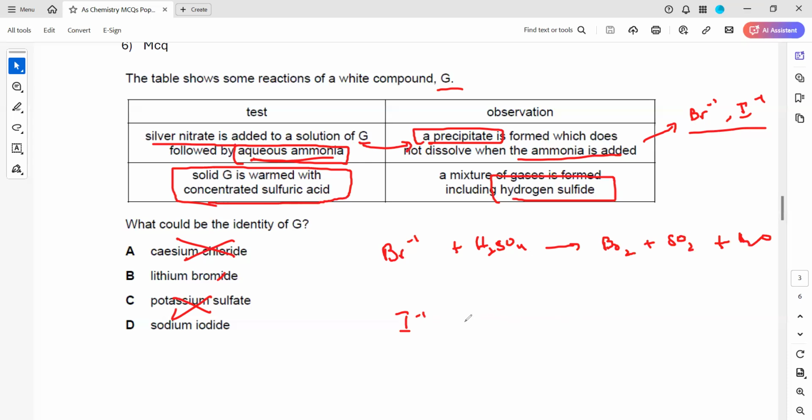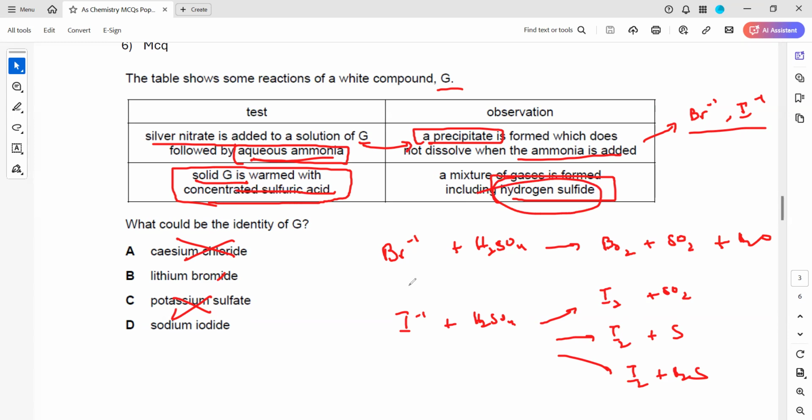But if it is iodide reacting with sulfuric acid, the product might be iodine and sulfur dioxide, or iodine and sulfur, or iodine and hydrogen sulfide. Because when we warm this solid G with sulfuric acid, we get hydrogen sulfide gas, it means an iodide ion is present rather than the bromide ion. That's why D is the right answer.